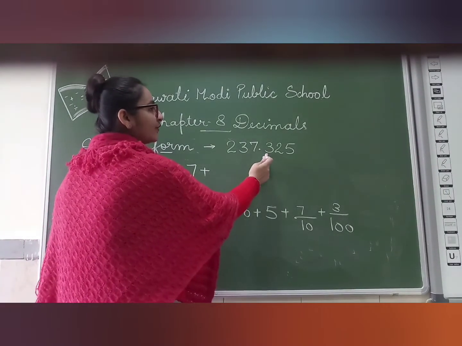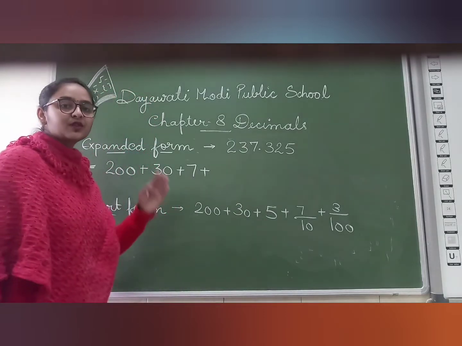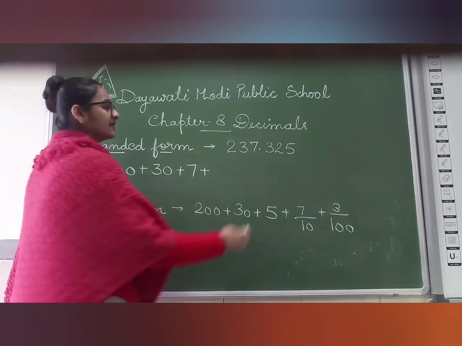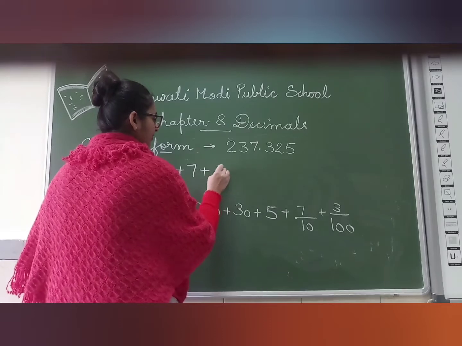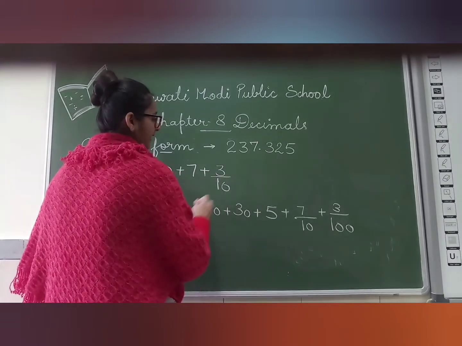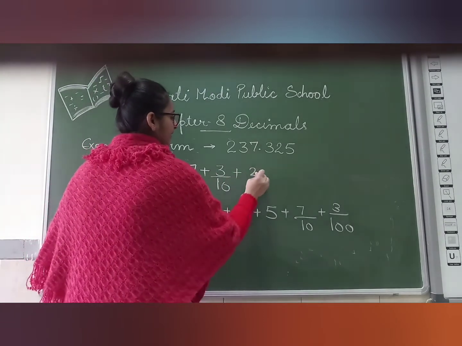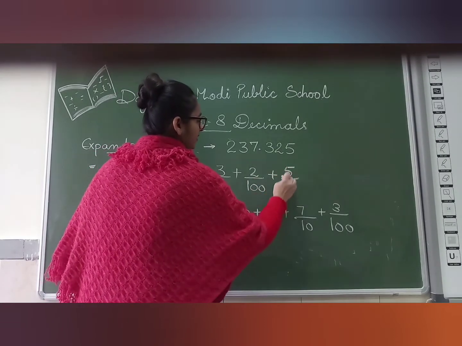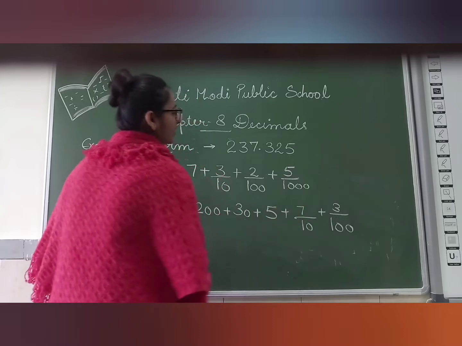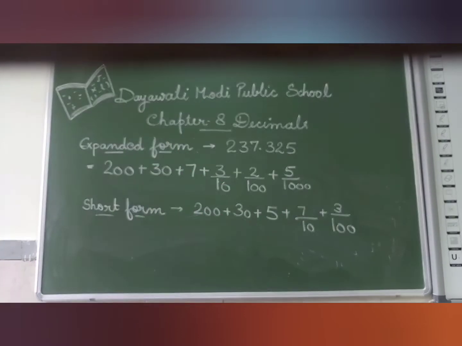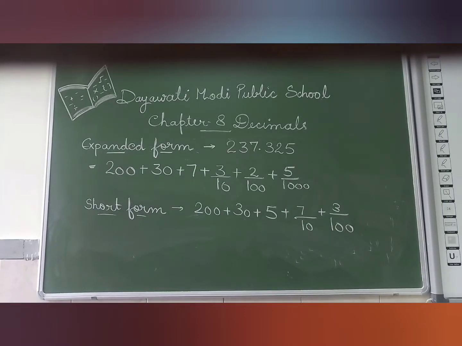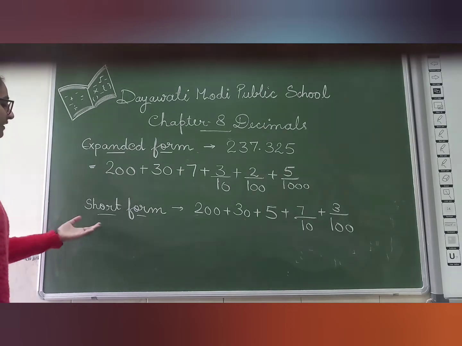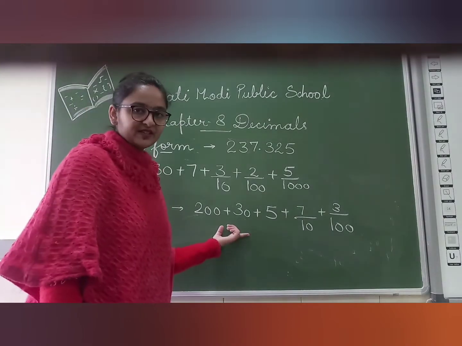The place value for 3 will be 3 upon 10 as it is placed at the tenths. So 3 upon 10 plus this is 2 upon 100 and this 5 upon 1000.